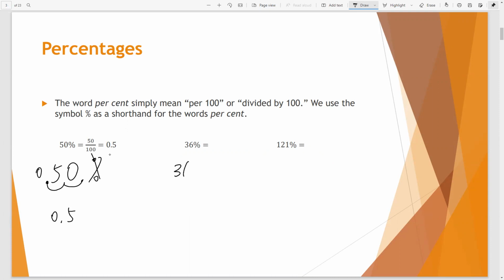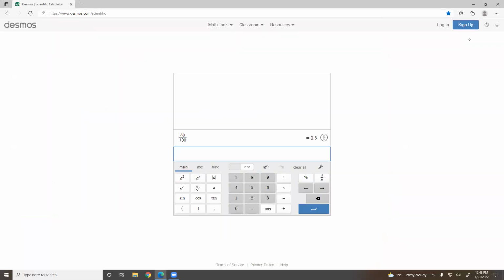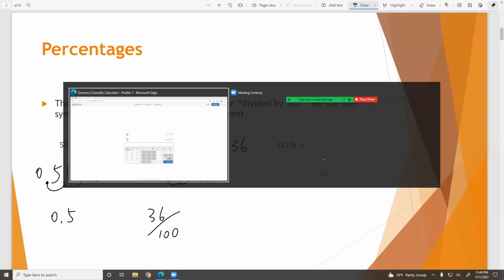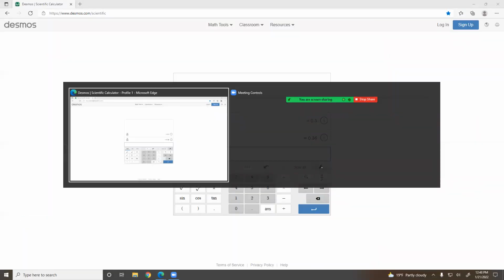Similarly, 36%, that's divide by 100, your decimal point moves 2 places to the left, giving you 0.36. Or you can do 36 divided by 100, which will give you the same thing. On the calculator, 36 divided by 100 gives you 0.36. 121% you can try, and that should give you the same thing.